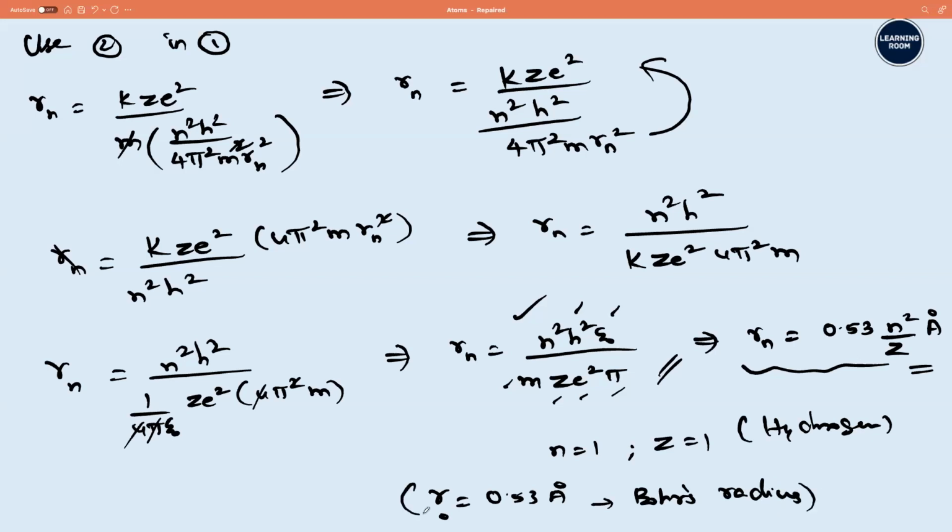I think you would have seen this expression in your chemistry and atomic structure. Does anyone remember this? It is a part of atomic structure from your 11th standard. Only thing is you will not have this derivation at all. Clear? Shall I proceed?